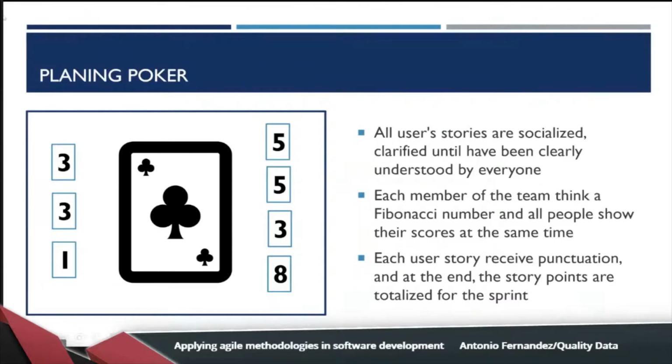One team member says one story point, while another says the opposite, 8 story points. I need to ask them why. Why do you think it's 1, why do you think it's 8? Not for judgment, just to enlighten the rest of the team on the reasons. Maybe they are seeing something that the rest can't.